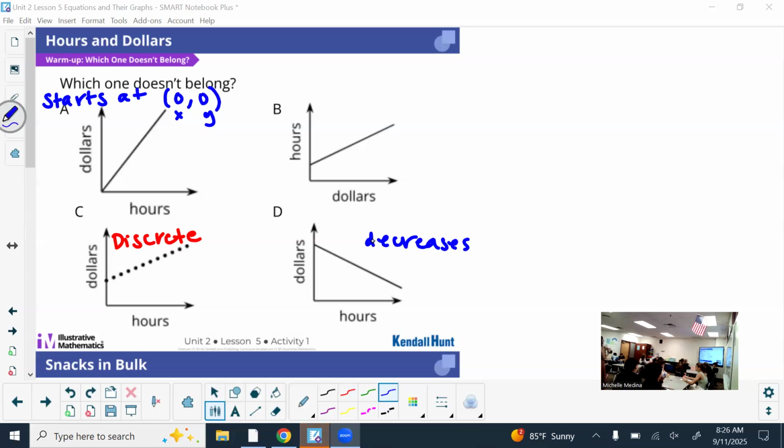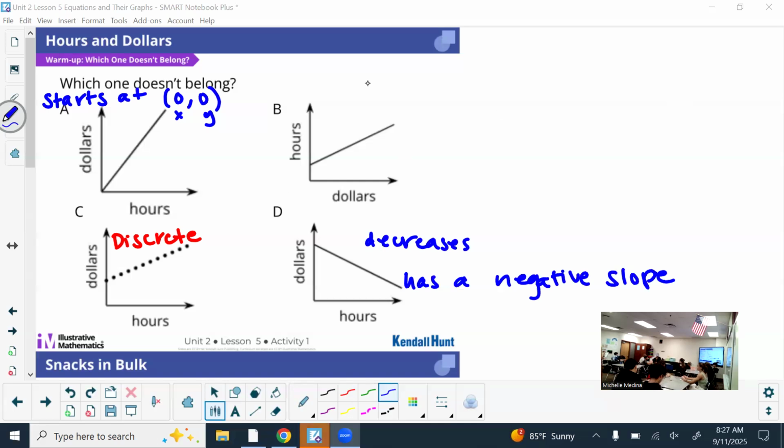But something about straight lines that we would say, instead of just saying it decreases, it has a negative. Good. It's the only one that has a negative slope. Which, in more simple terms, does mean that it's decreasing over time instead of increasing.